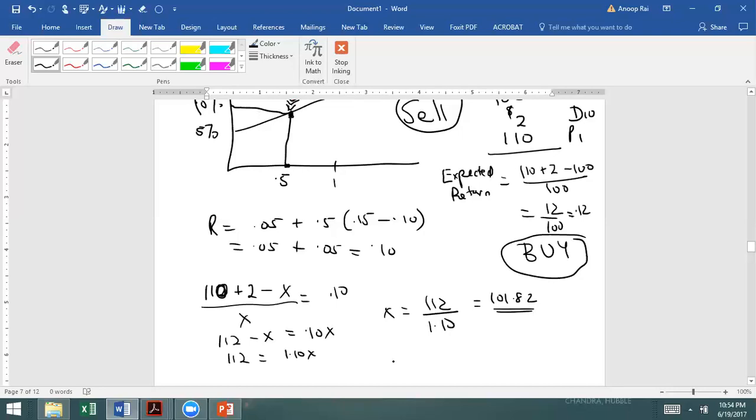Let's check it out. If I can sell at the end of the year at 110 plus my $2 dividend over 101.82, what do I get? Should it be exactly equal to 10%?